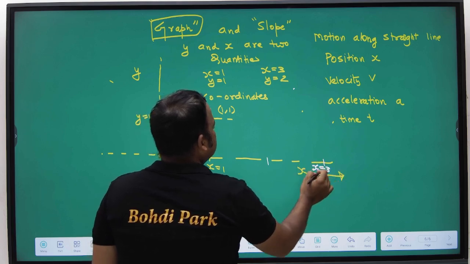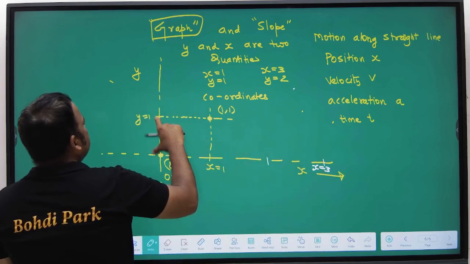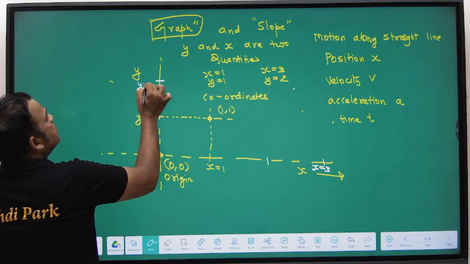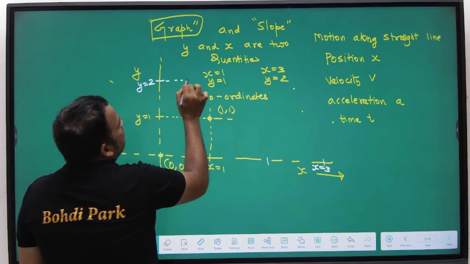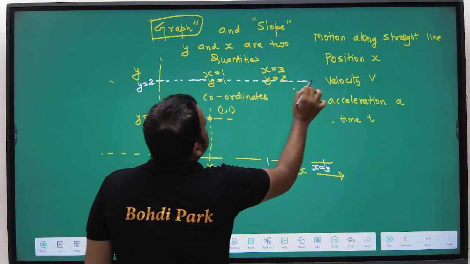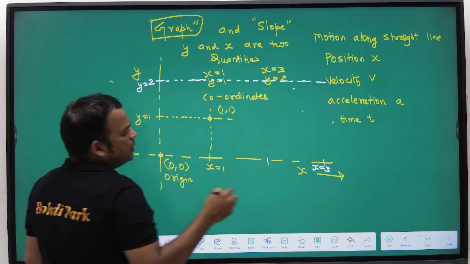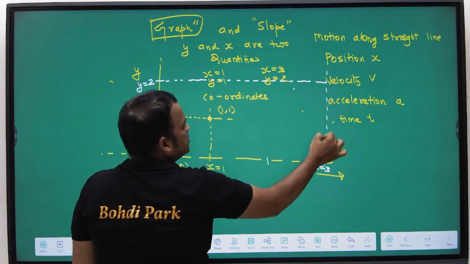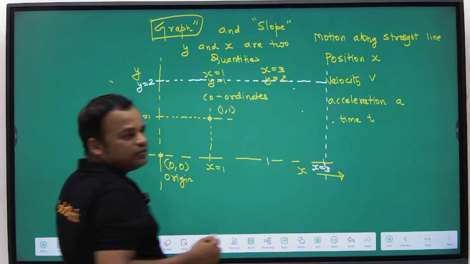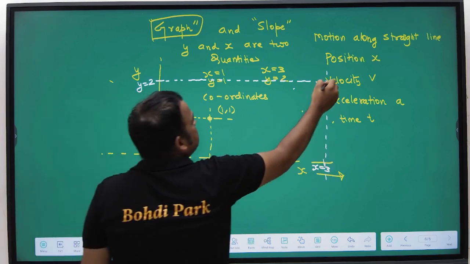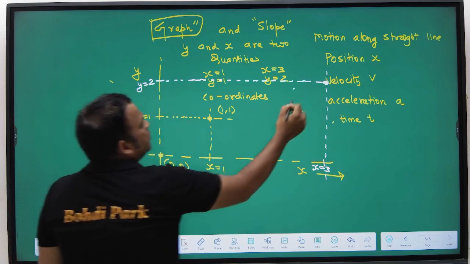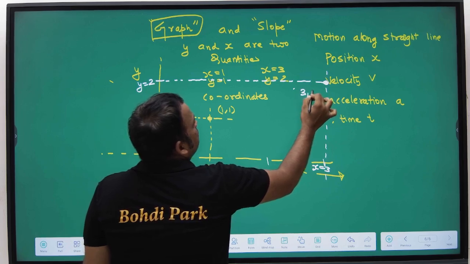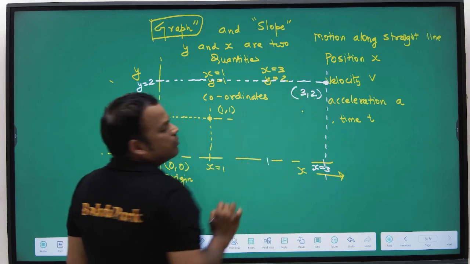So x is equal to 3 is here, then y is equal to 1, then y is equal to 2. So approximately we can say y is equal to 2 is here. We will draw one horizontal line passing through y is equal to 2 and one vertical line passing through x is equal to 3. So we will see where they are intersecting. So this is another point we got. We can call it 3 comma 2. This point is 3 comma 2.